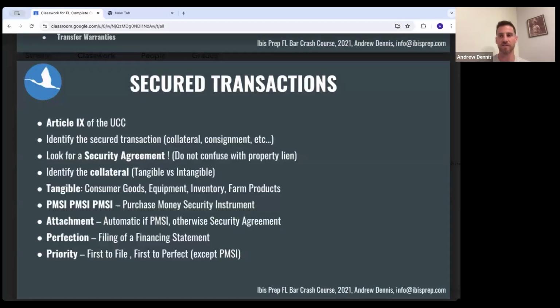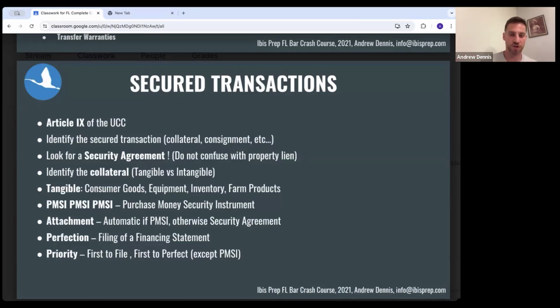Perfection is done via financing statement, and perfection is done with the state or the county or whatever. And that's what puts others on notice that you have this interest. So that's why attachment gives rights in the collateral, and perfection puts people on notice and determines priority.